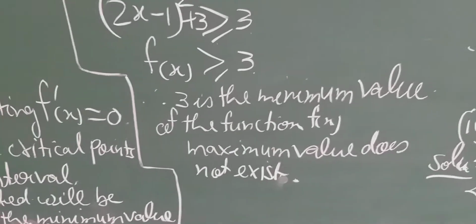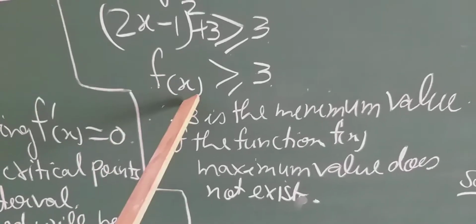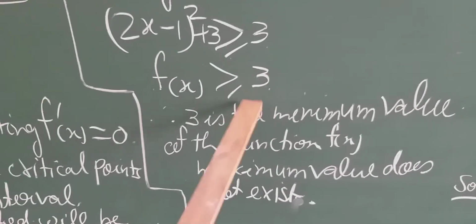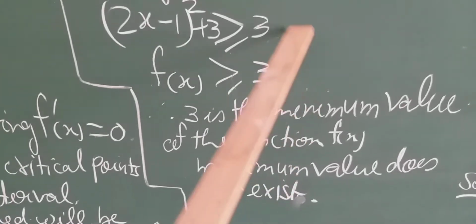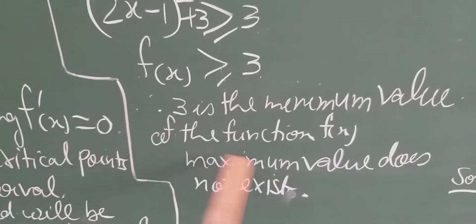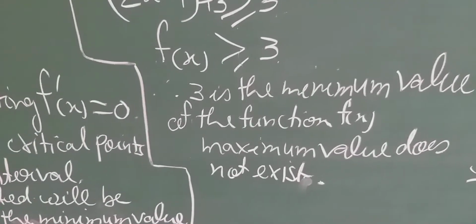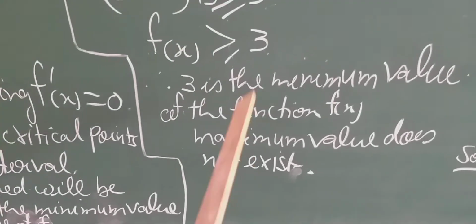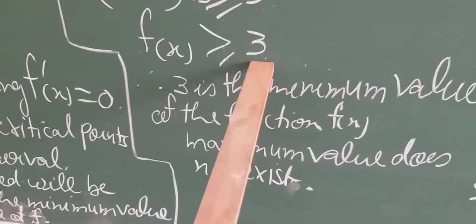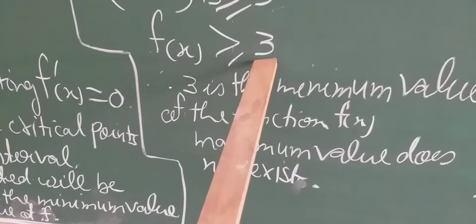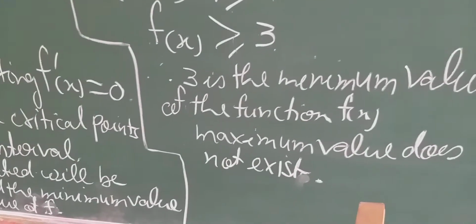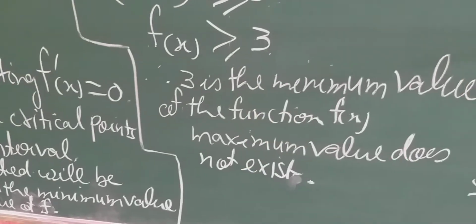Okay, so student, always remember when the greater than sign is here, then this value is the minimum value of the function. Maximum value does not exist, because f(x) greater than or equal to 3 shows that the value of the function is 3 and more than 3 up to infinity.